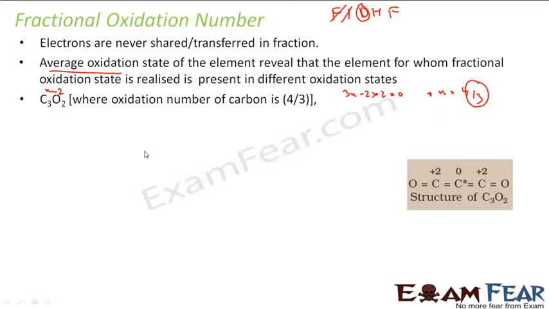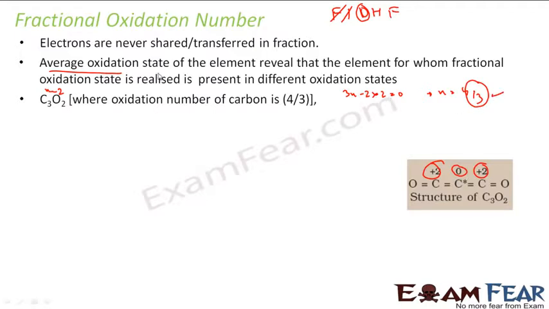And why is it a fraction? Let's investigate. The structure of C3O2 is something like this. There are 3 carbon atoms. 2 of them have an oxidation state of +2, while the one in the center has an oxidation state of 0. So the average is 2 plus 2 plus 0 divided by 3, that is 4/3.